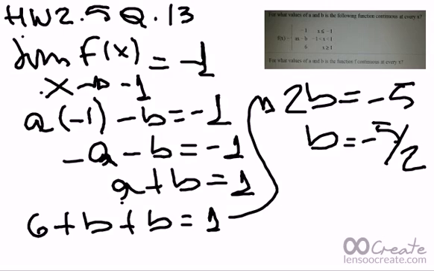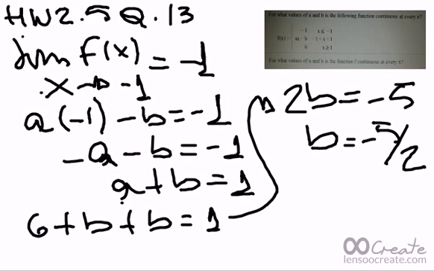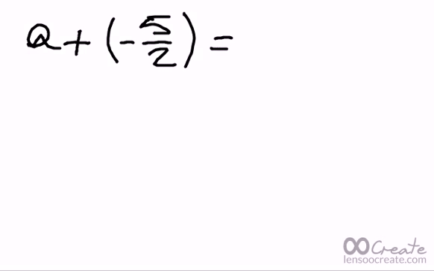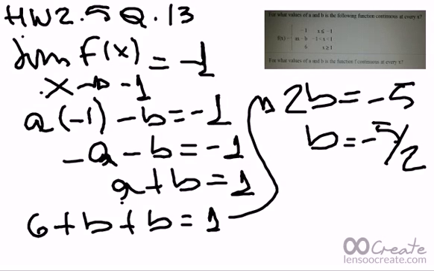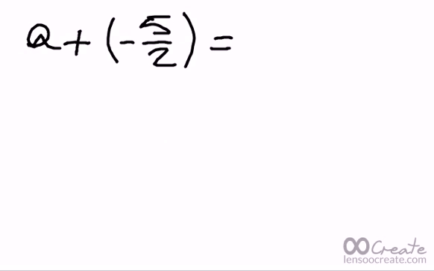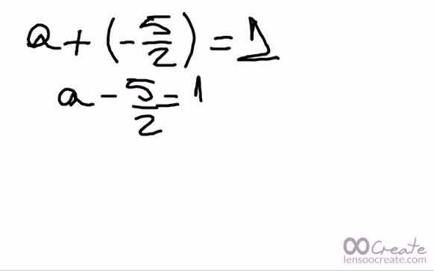With this information, I'll go ahead and discover the value of a. We have a plus b equals 1, and now we know b is minus 5 and a half. So a minus 5 and a half equals 1.